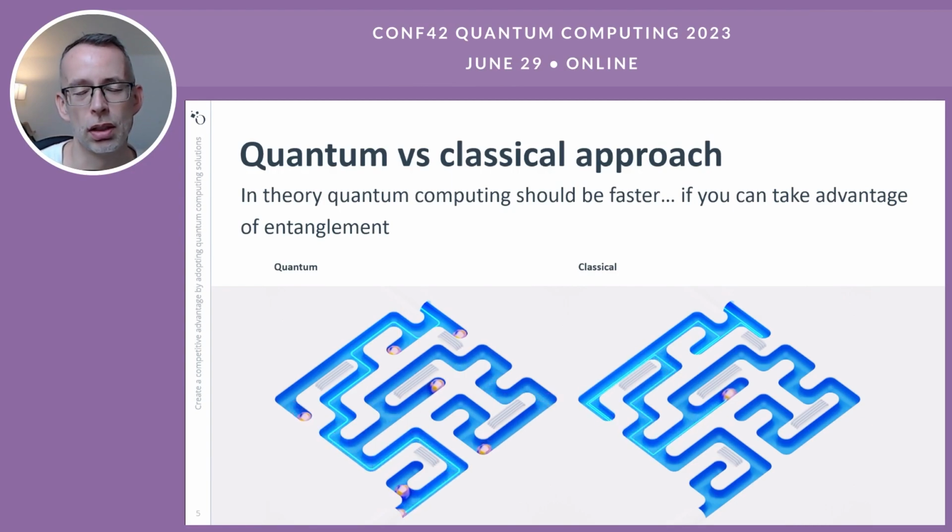I probably don't need to tell anyone who attends this conference what quantum computing is, but there's a little illustration for you. A classical computer solves a problem, a maze, just one step at a time, but with entangled qubits, you can explore an entire problem space and ask a question in one go and solve certain classes of problems much faster.